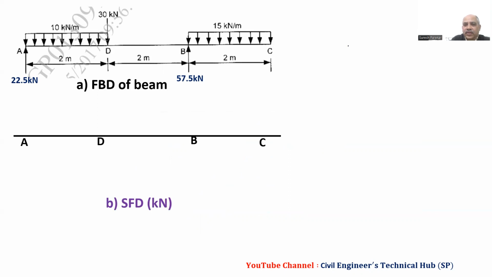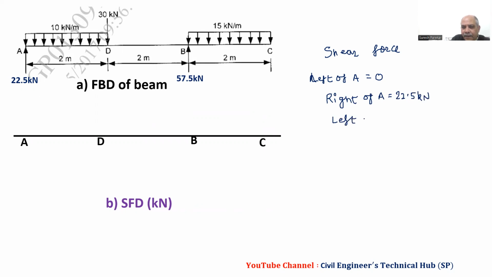So we know shear force we have to find at left and right of a concentrated load, and at the start and end of the UDL. So at left of A it is 0, right of A 22.5 kilonewton, then left of D, 22.5 minus 10 into 2, so we have 2.5 kilonewton.